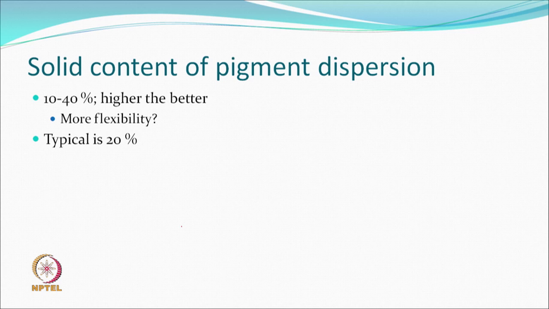Now, the dispersion, how much should be the solid content of the pigment dispersion? One can have dispersions with percentage varying from 10 to 40%. Higher the solid content, better for transport, and this dispersion finally is going to be mixed with solvents, co-solvents, surfactants, viscosity modifiers.